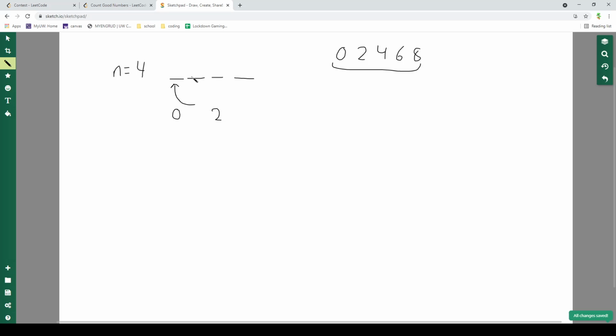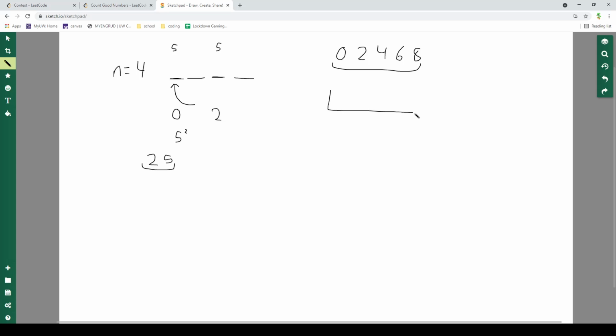In our even length sequence, we know there will be 5 options here and 5 options here. So there will be 25 total options because we do 5 to the power of 2 because there are 2 even indexes. So there are 25 total options for the generation of these two numbers. So that can be like 0, 2, or 0, 0, etc. And since there are 5 options here and 5 options here, we can just multiply them.